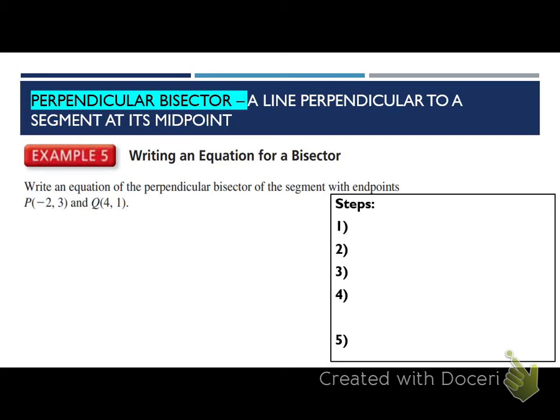All right, so there are 5 steps. We'll write them in this box here. The first thing you want to know is if we're going to have a perpendicular line, we should know the original slope, right? So the first thing we're going to do is find the slope. That's step 1.